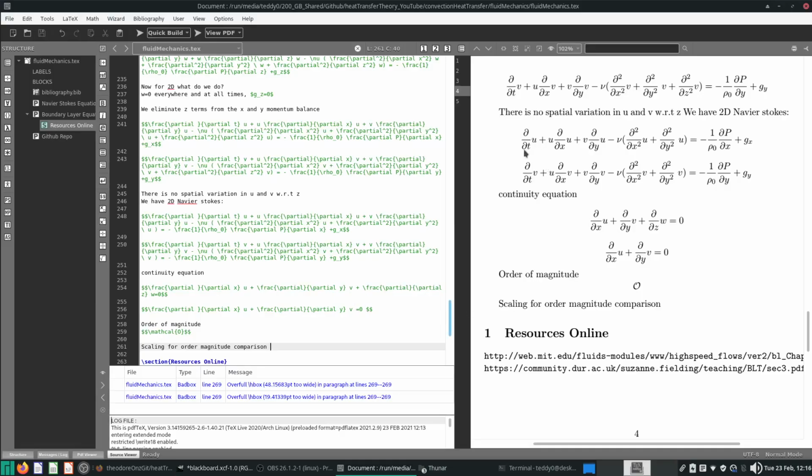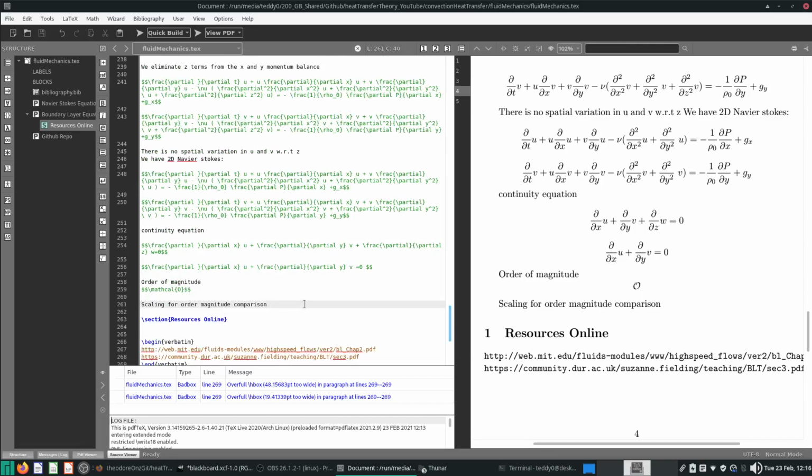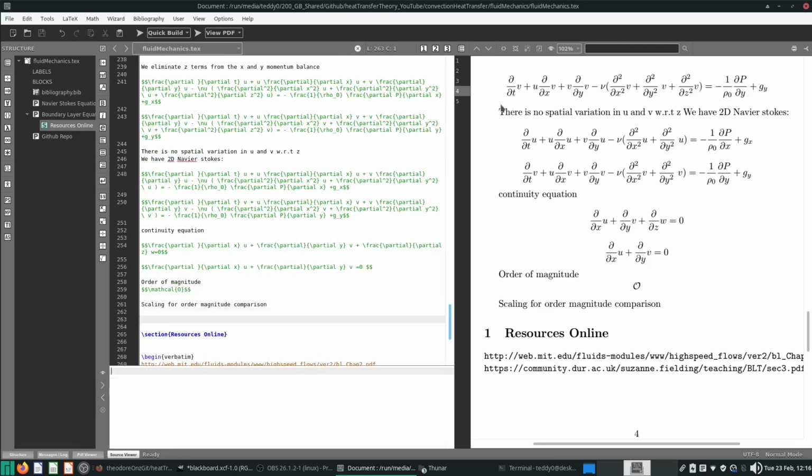So one thing we want to do is to change, of course, our u velocity. Again, I'm going to use the same thing. The u prime, or u star, I'm going to call it u star, equals u divided by the free stream velocity, u infinity.